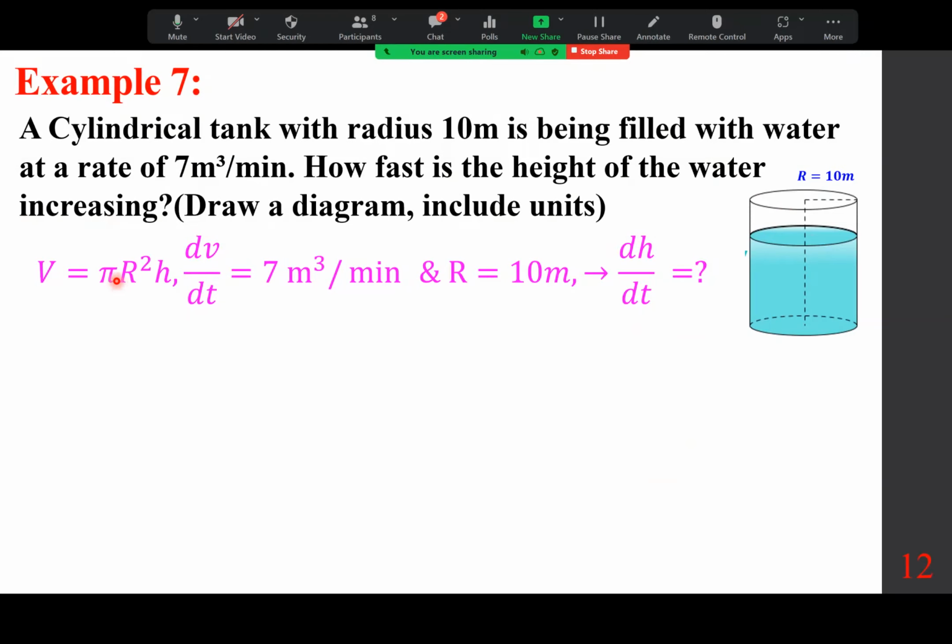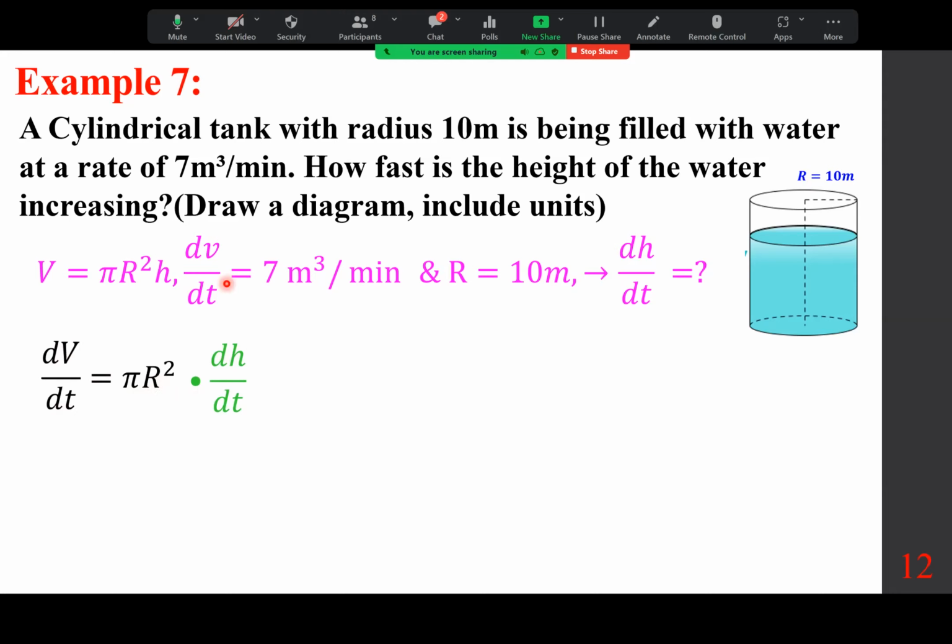As long as we have this setup, it becomes very simple to finish the job. Now we want to differentiate this. We want dv dt. Pi is a fixed number, so is r at 10. You can keep those two. So dv dt becomes pi r squared, because those are numbers, times dh dt. Now we're going to replace all of them. Again, r is not changing, it's fixed at 10.